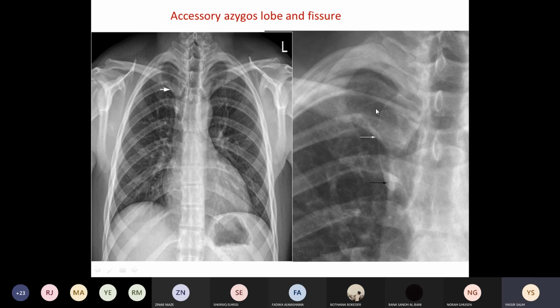Note that it is convex laterally on the apex. It is an anatomical variant seen in 1% of people. Its feature is a thin opaque line on the apex, convex laterally. This is the azygos lobe fissure.